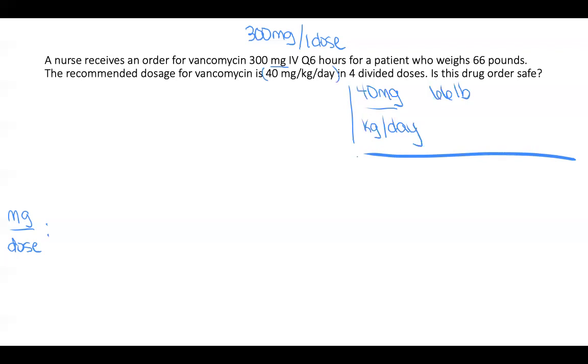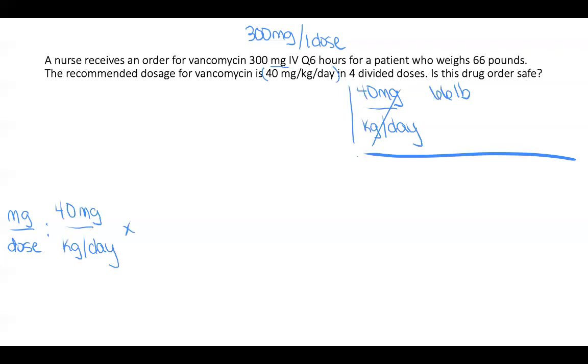And we're going to start with milligrams, which is what we're looking for. So we're going to plug in 40 milligrams over kilograms per day. Cross it out. Okay, the problem says I have kilograms on the bottom, so I need kilograms on the top.